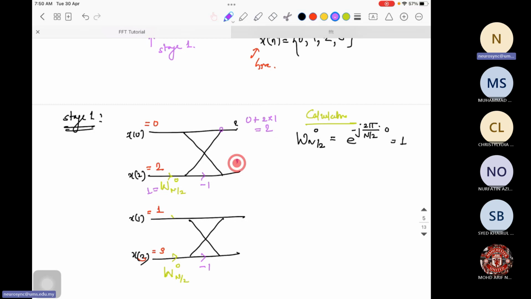Can you give me the value here? How much is it? The second value, how will you calculate it? This 0 plus this times this, minus this times this.